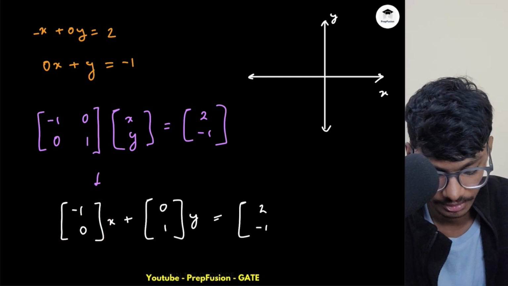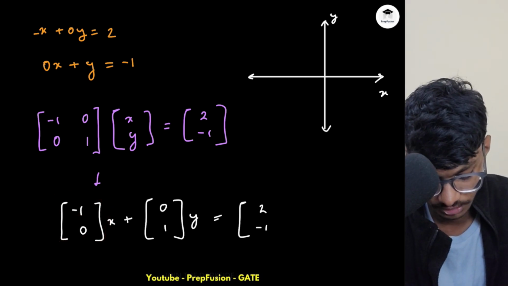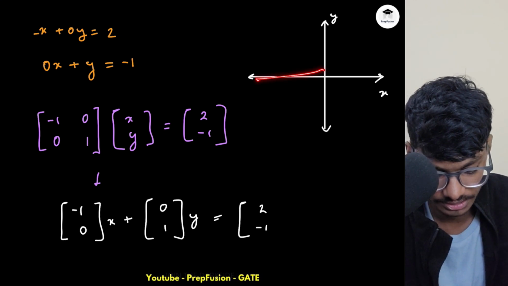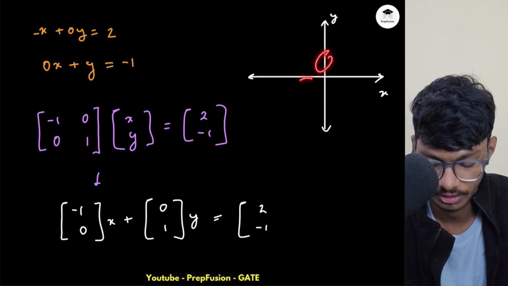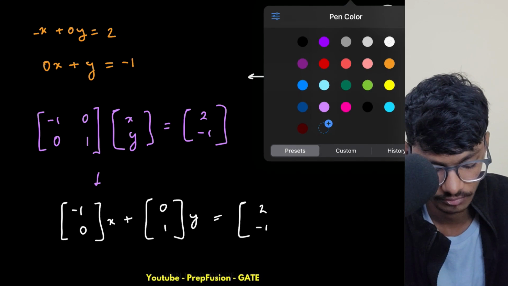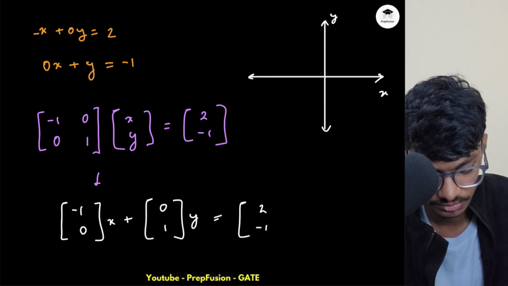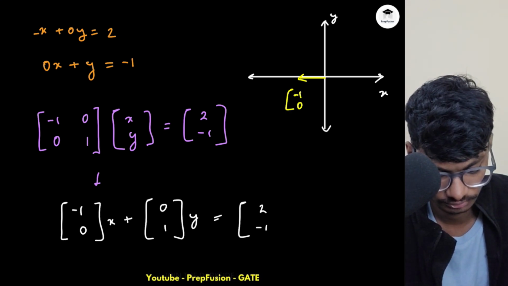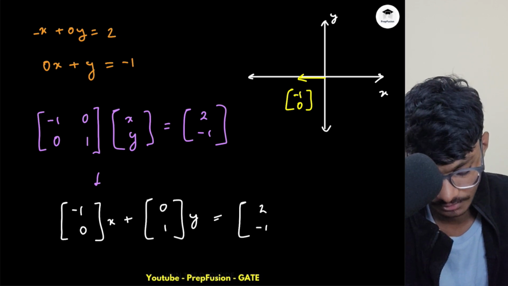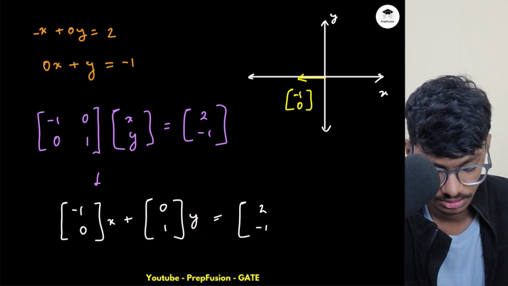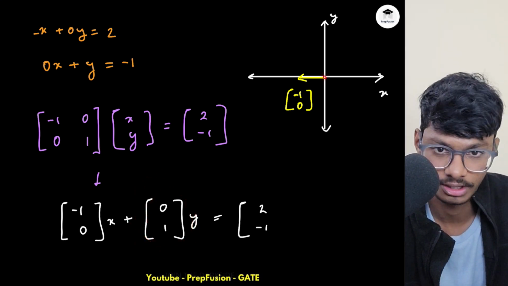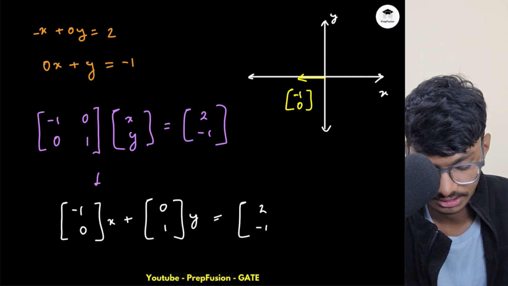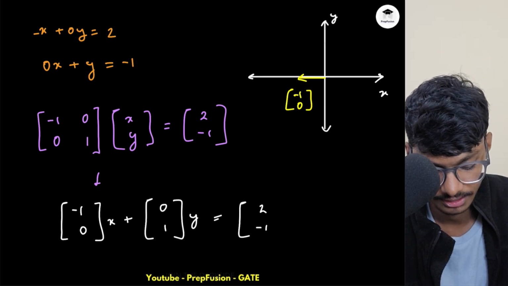Minus 1 is in this direction, and 0 means we don't have any movement along y, so we don't move along the y axis. So this is minus 1 comma 0, okay. And now this is 0 comma 1. That means I'm not moving along the x axis, I'm moving along the y axis in the positive 1 direction.